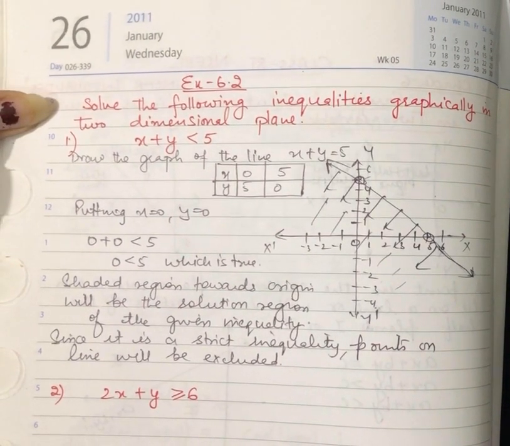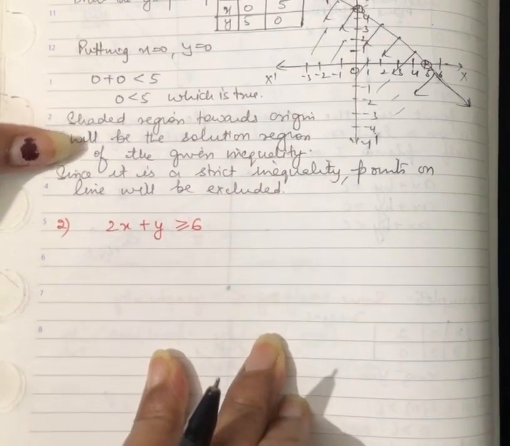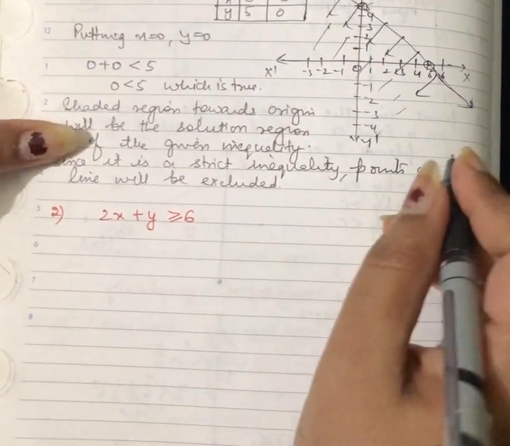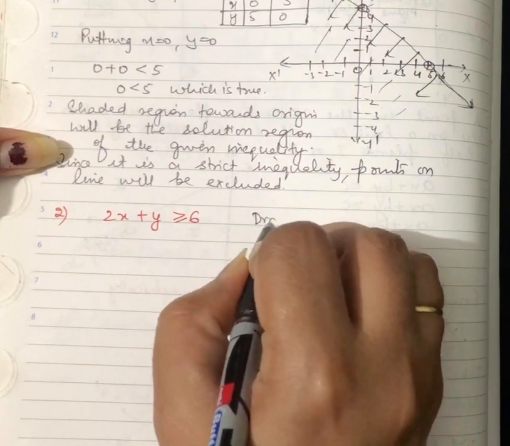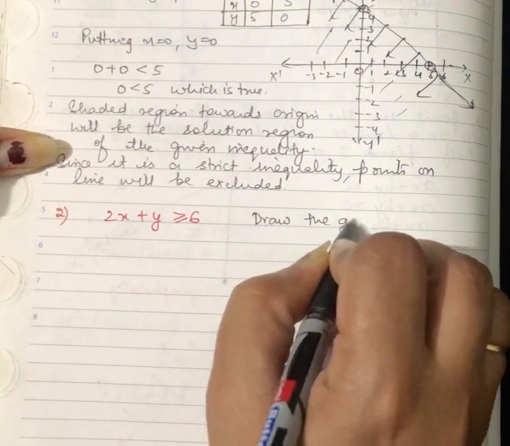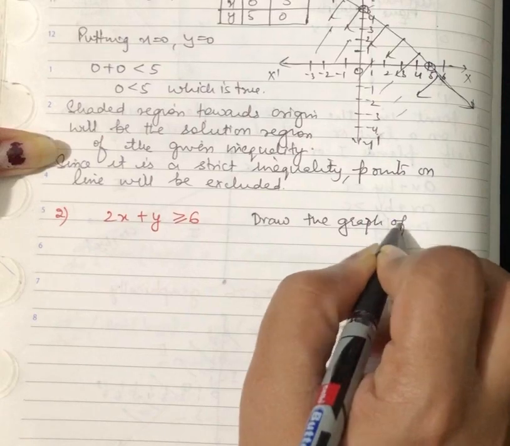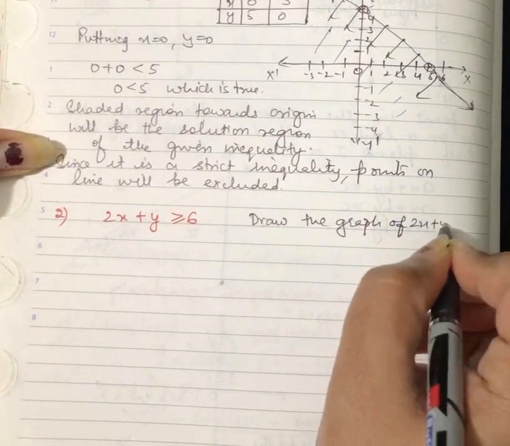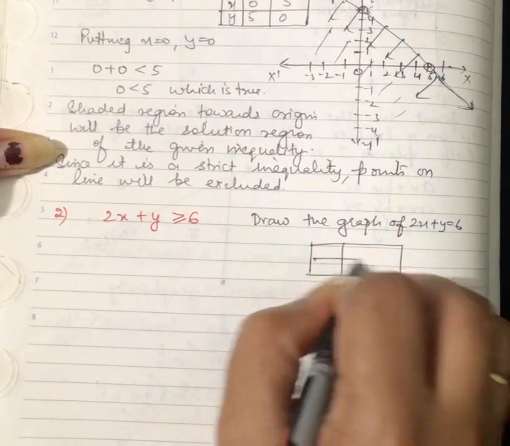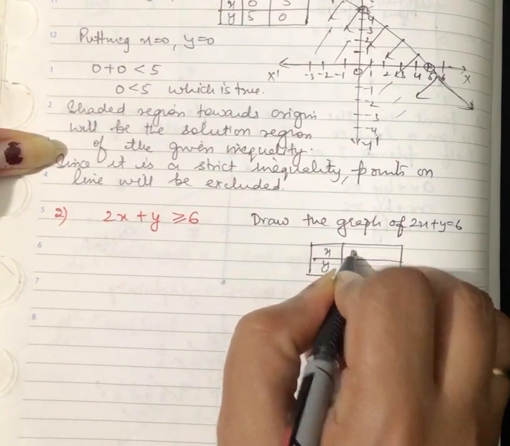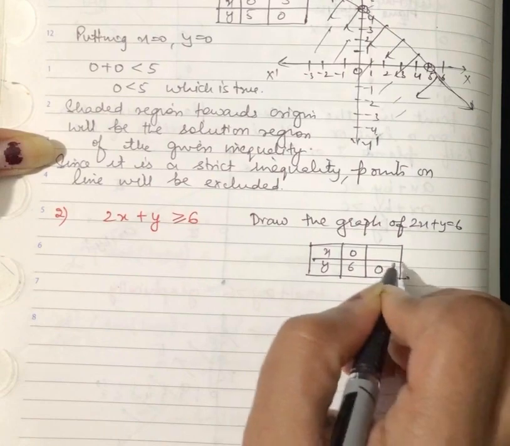So in the same way we will solve second question. Now your inequality is 2x plus y greater than or equal to 6. So draw the graph of equation 2x plus y equal to 6. So making the table, when x is 0, y is 6, and when y is 0, x is 3.